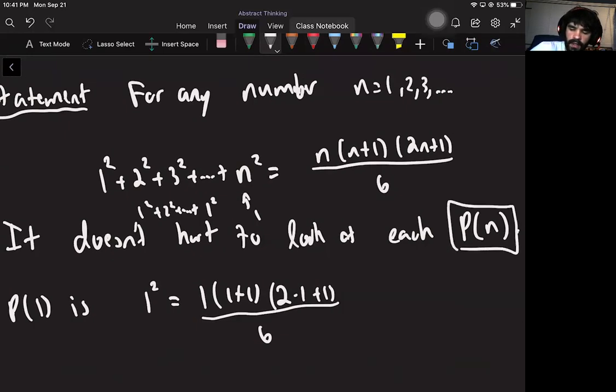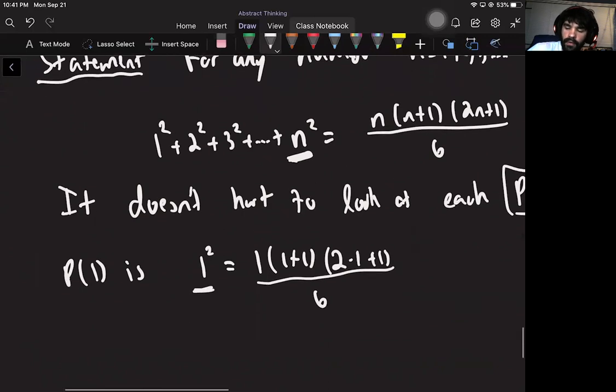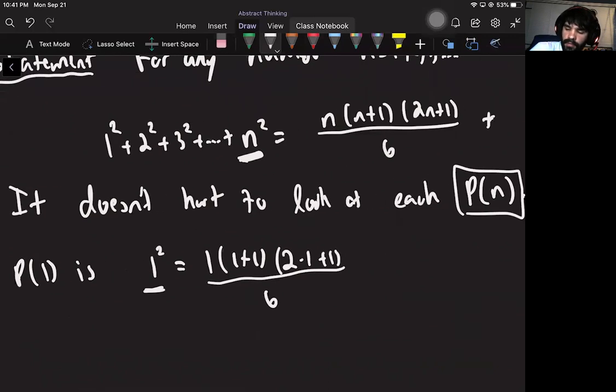But this thing on the left, it's not a formula that you're plugging things into. It's just saying that whatever number you're plugging into, that's where you're going up to. That's the last number. So if I plug in 1, the last number should be 1. And that's why it's just 1 squared. That's the end of it there. Okay, on the right, it is a formula, so you're literally just plugging in whatever number you're looking at.